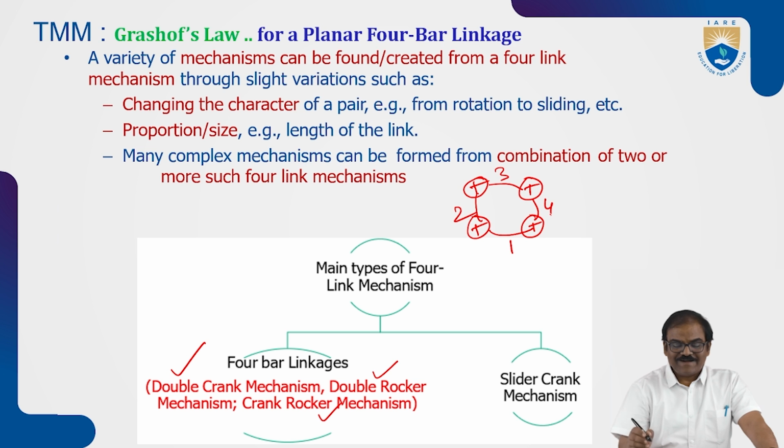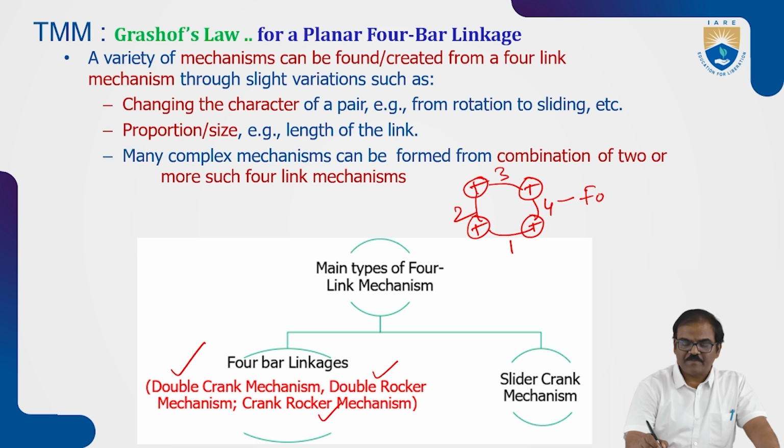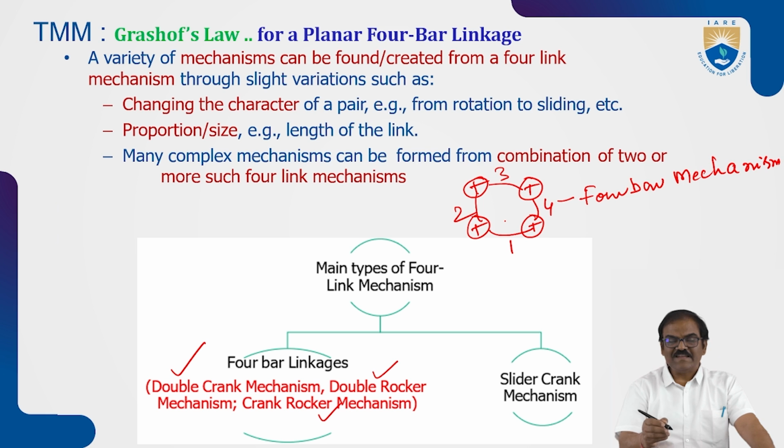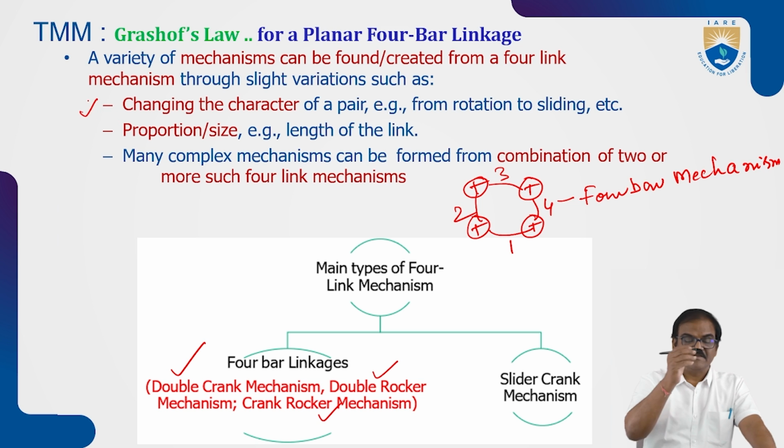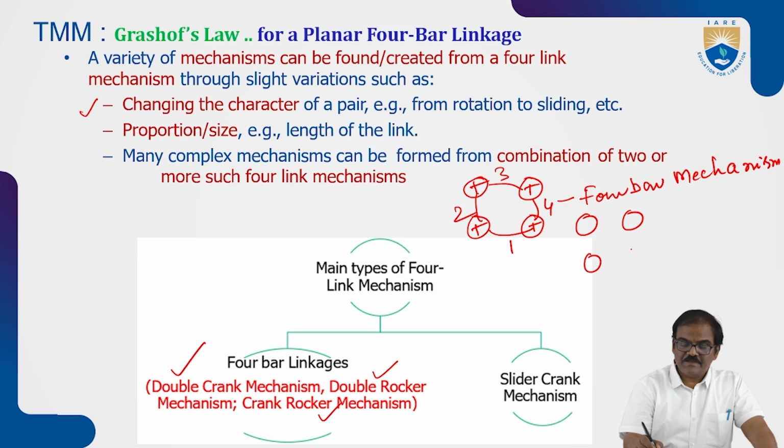So all four links have turning pairs, and we call this the 4-bar mechanism. By changing the link lengths and proportions, we can get different complex mechanisms. Another one, as we have told, is changing the character of the pairing element. So I will call this 1, 2, 3, 4.